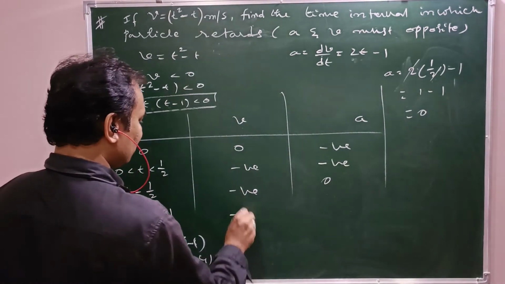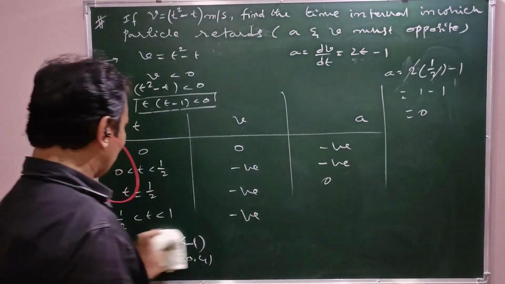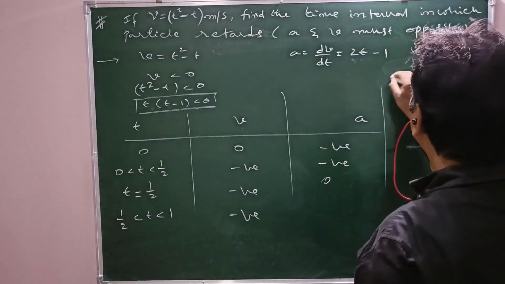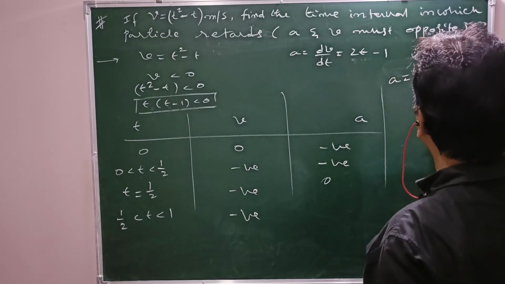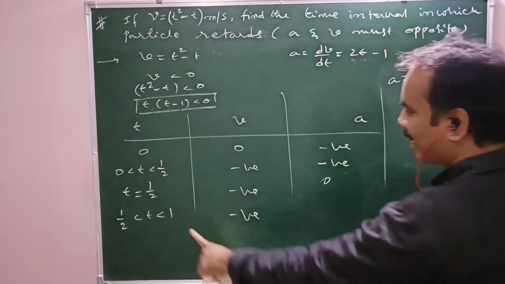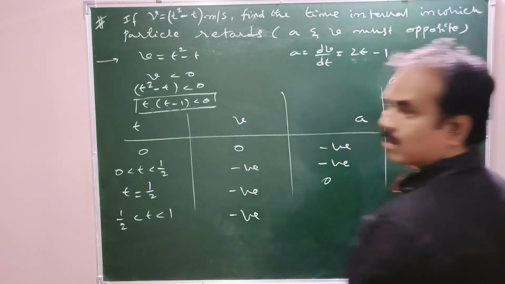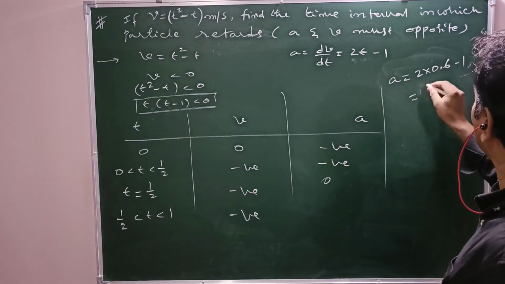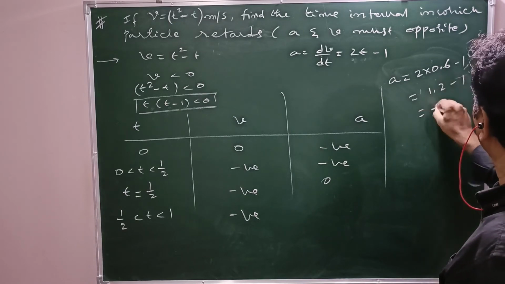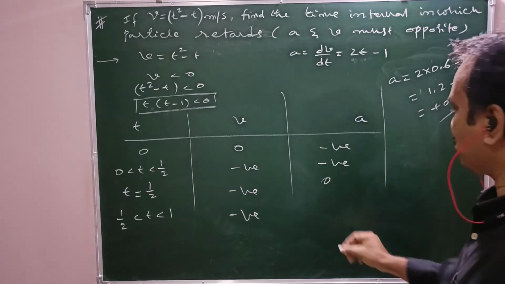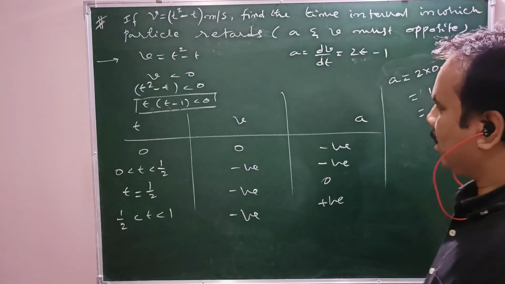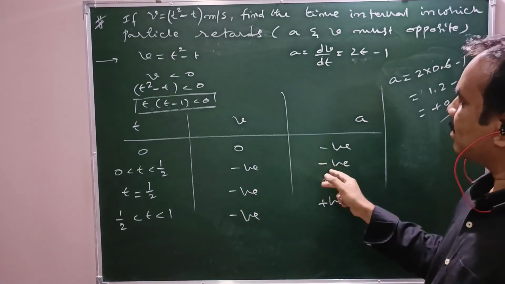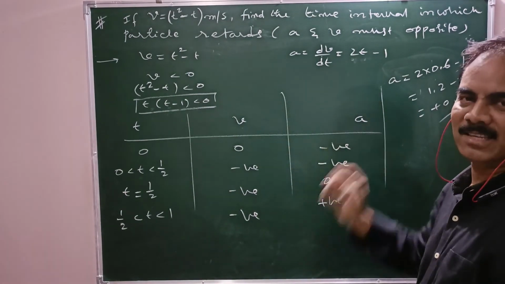Velocity is negative. Now acceleration: a equal to 2 into 0.6, such that it lies between 0.5 and 1, minus 1, that is 1.2 minus 1, that is plus 0.2. Means a is positive. Here no need of values, simply we are taking signs for velocity and acceleration.